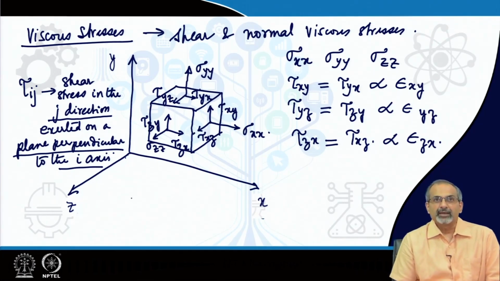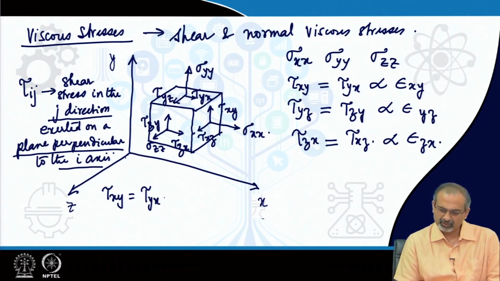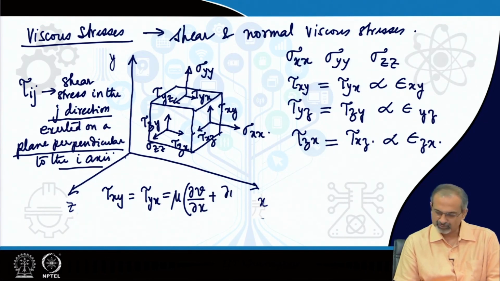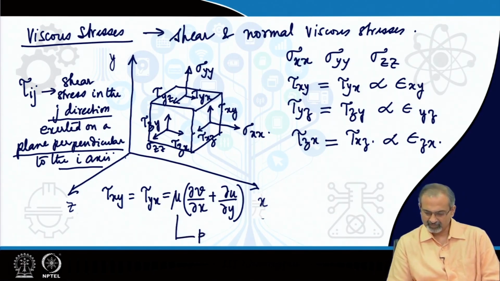Now, we were looking at these tau ij's. If you look at the expression for tau xy, for example, tau xy is equal to tau yx, and it is given as mu times del v del x plus del u del y. So, the proportionality constant is mu.